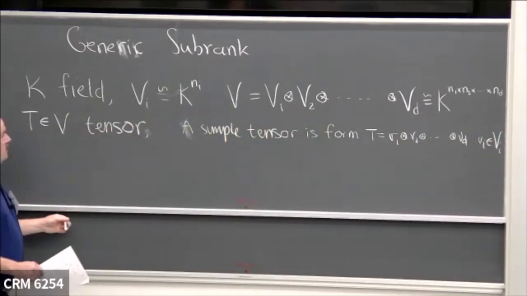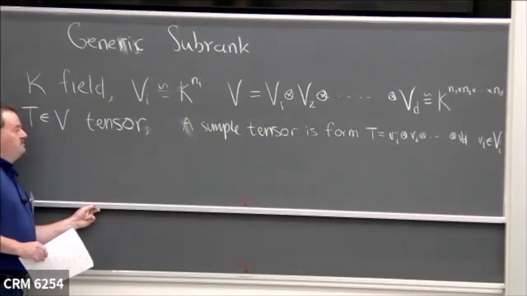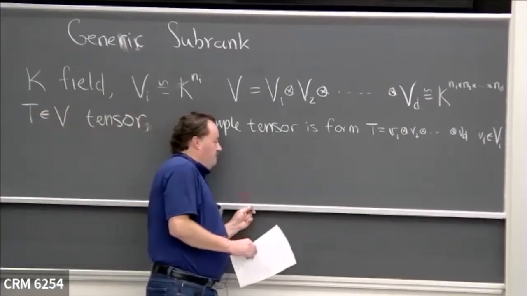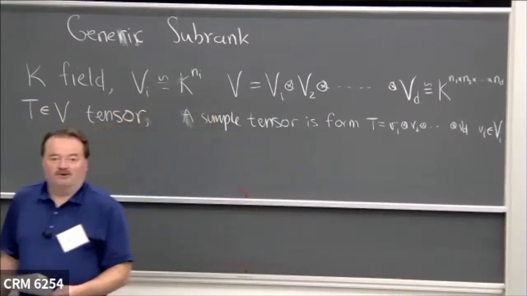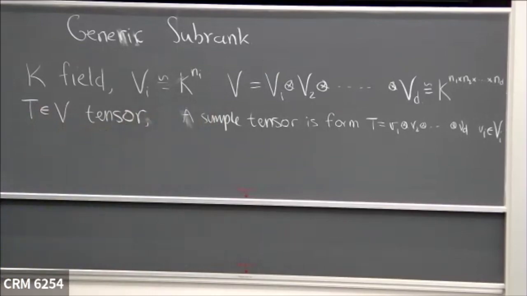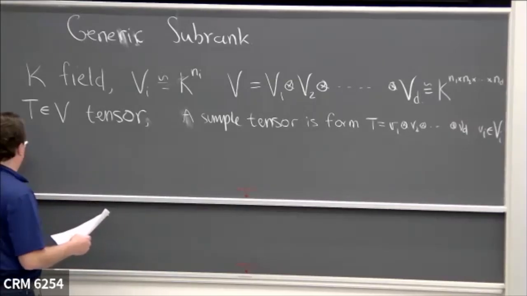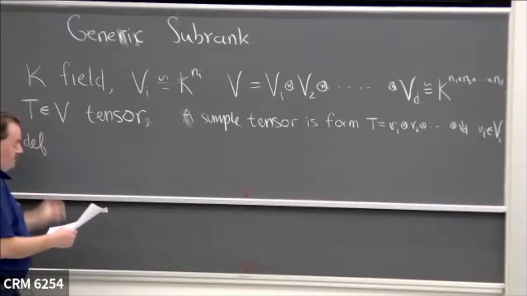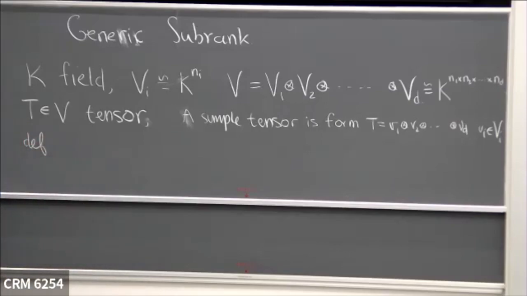I'm going to talk about various notions of rank, but mostly about the subrank. One of the most commonly used notions of rank for tensors is the tensor rank, so let me define that. I'm sure people will use it in the remainder of this workshop.